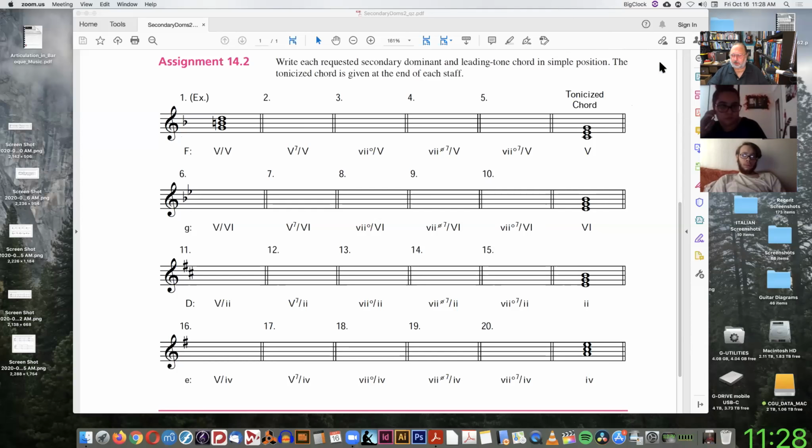So I'm going to use red and write the scale up here. G, A, B flat, right? C, D, E flat, F, G. That's our G minor scale, right? And that's natural minor, right?